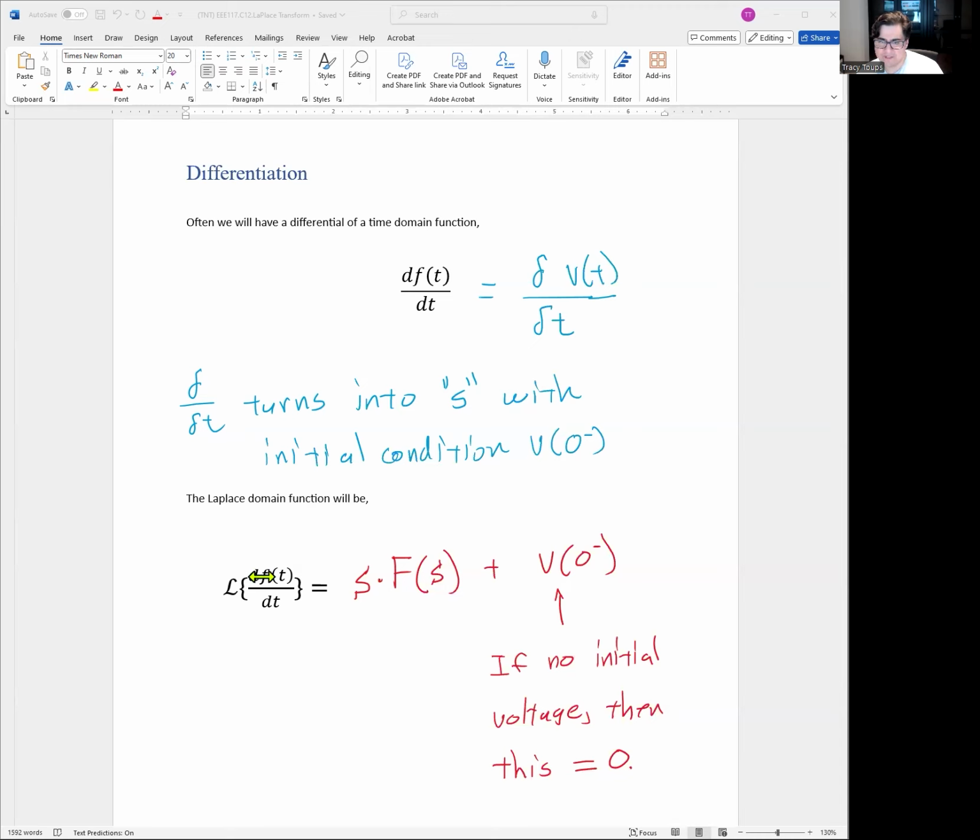Whatever this f of t is, you can do an individual transform and just put the derivative in front as multiplying an extra s into it. And because you're doing a derivative, you will have to look at initial conditions. You might have some condition before we start the circuit that you need to add in here.